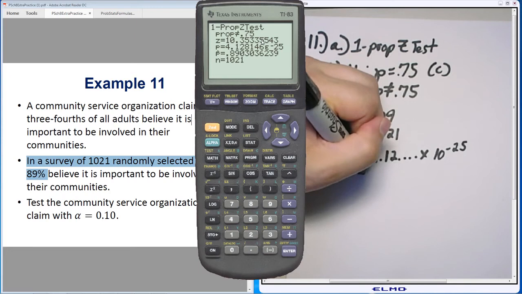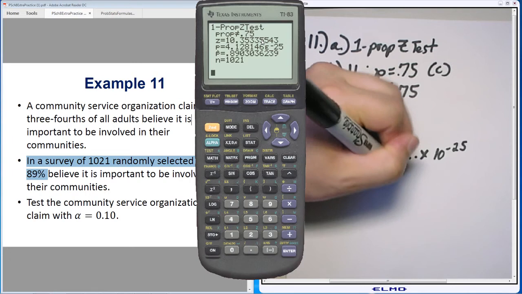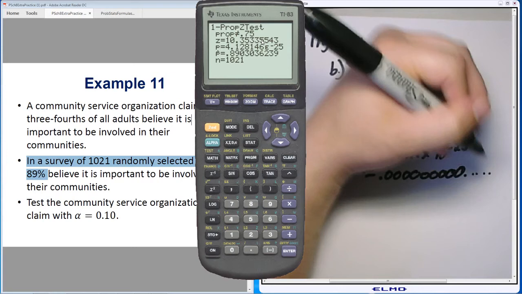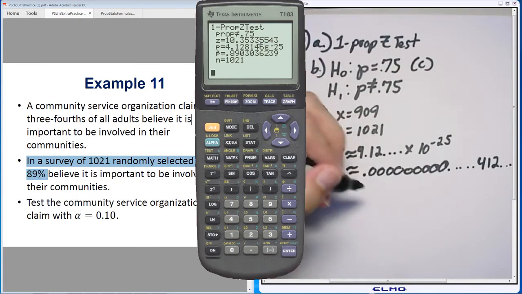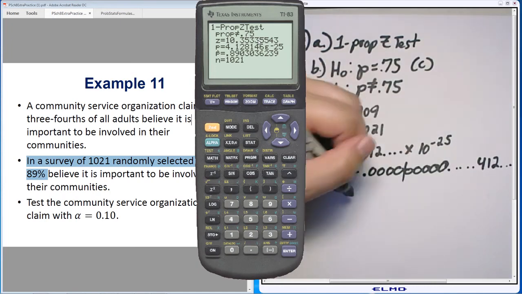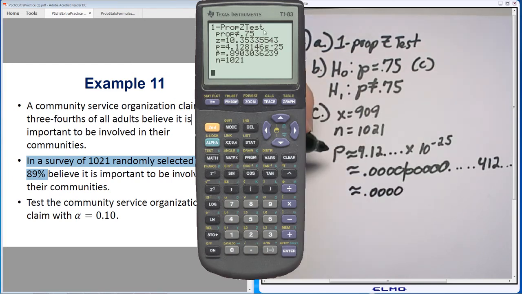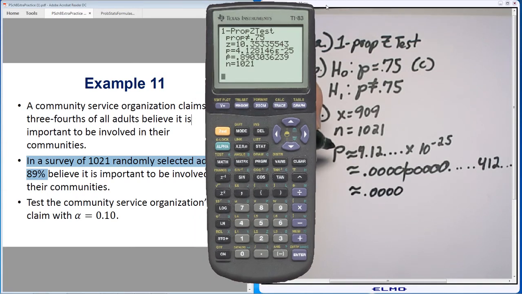So move the decimal over 25 places. You get 0.00000000 and so on, until eventually you get to 412 and so on. Alright, we're only rounding to 4 places, so it looks like it's going to be a bunch of zeros. 0.0000. Now it's not exactly zero chance, it's a positive chance, but it is so close to zero that when we round to 4 places, that's all we show.